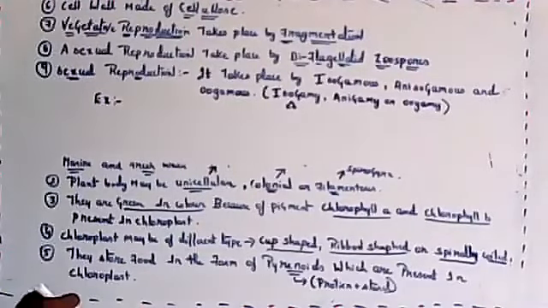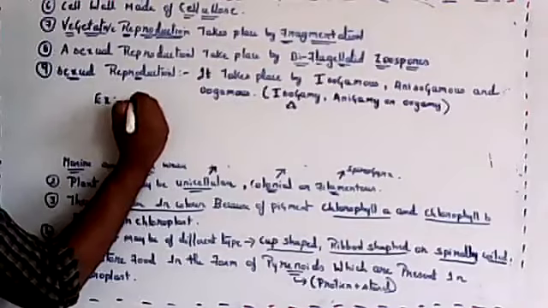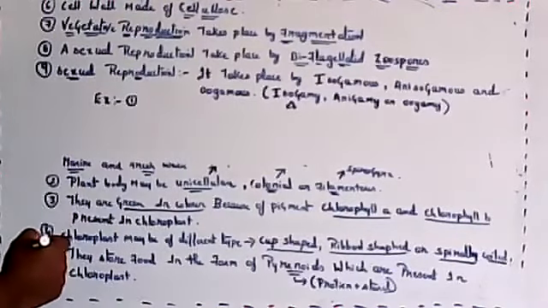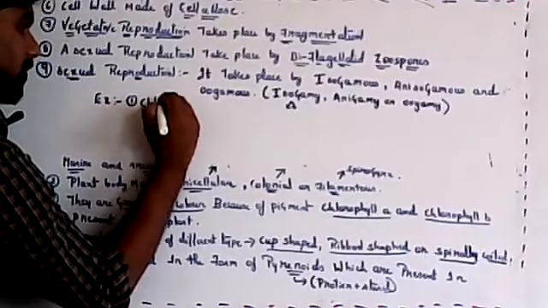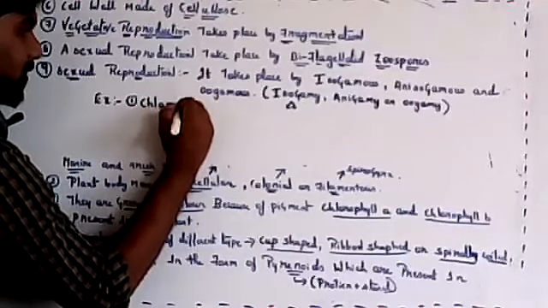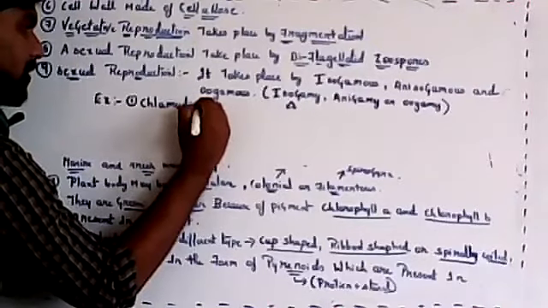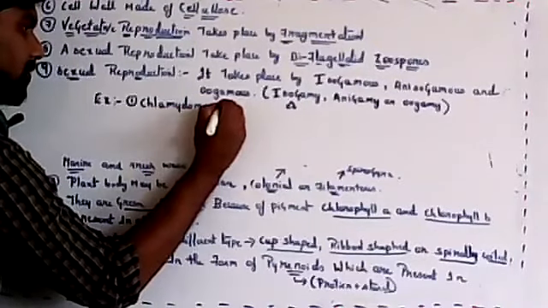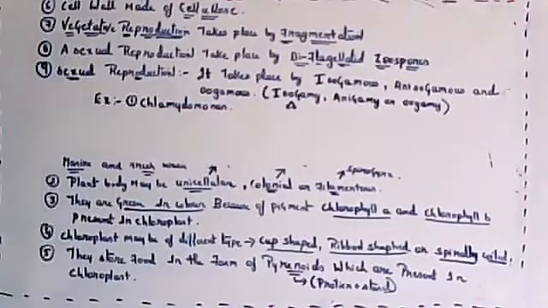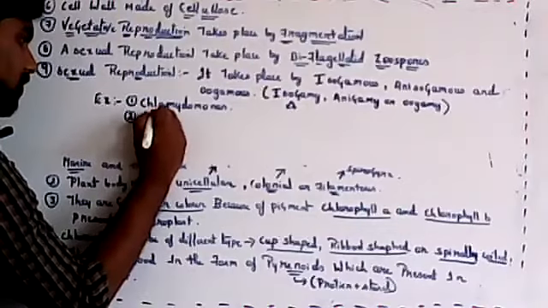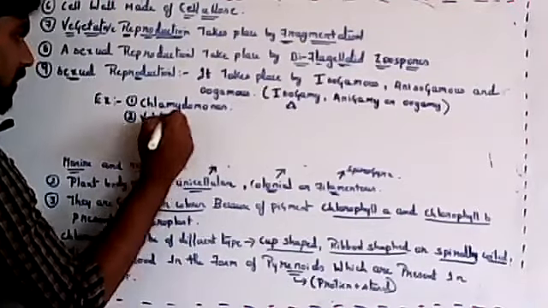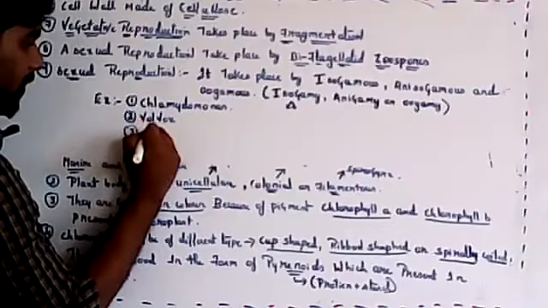Under green algae, the first one is Chlamydomonas, then the second one is Volvox, and the third one is Spirogyra.